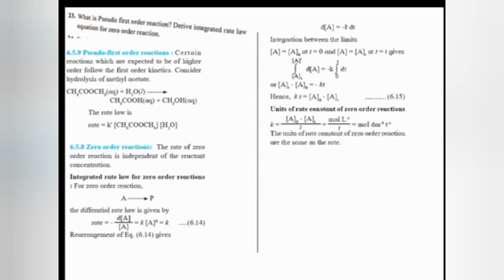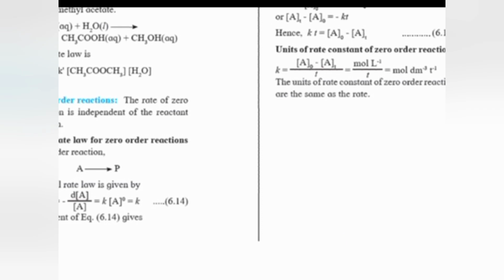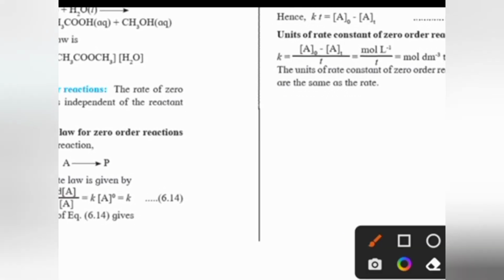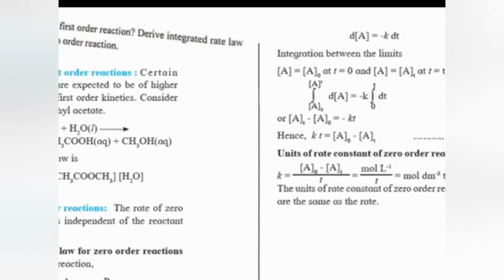So it's first order. And in a zero order reaction, the rate of reaction is independent of the concentration of reactant. So we take the power raised to 0 for the concentration of the reacting molecule, and by this you will get d[A]/dt equals k.